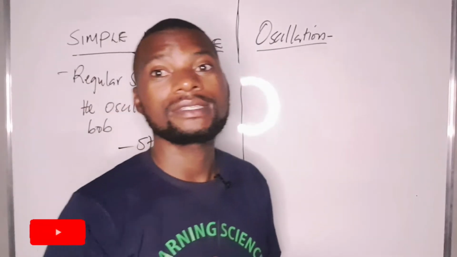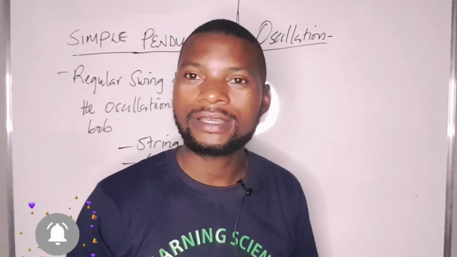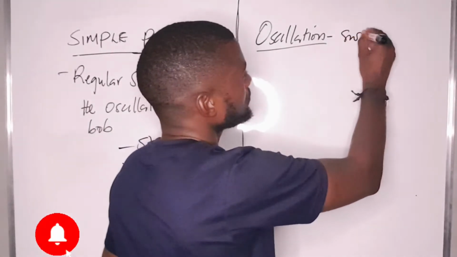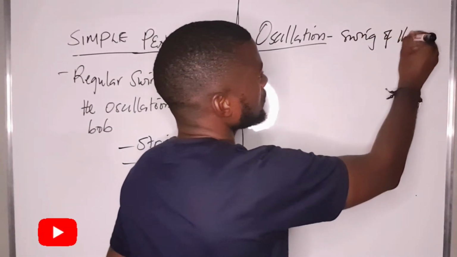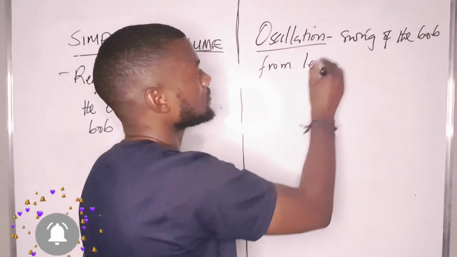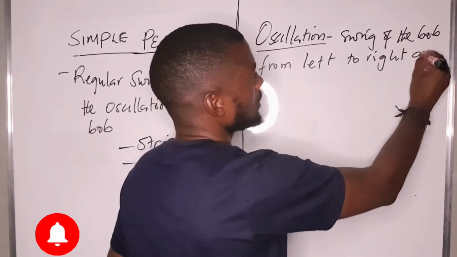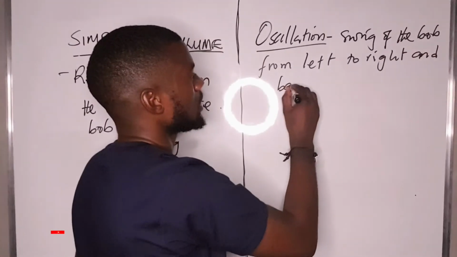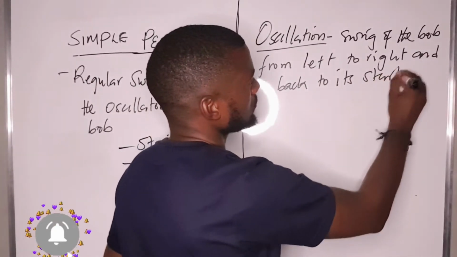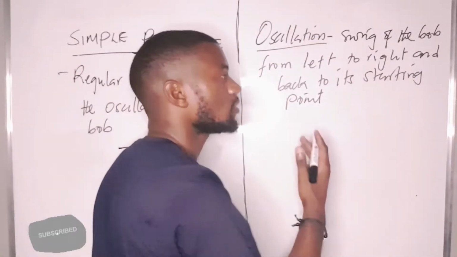Oscillation simply means the swing of the bulb from left to right and back to its starting point or position.